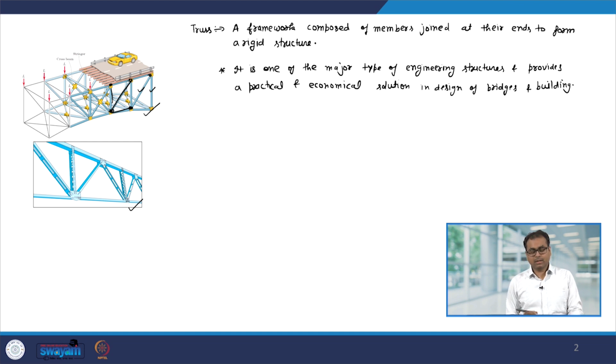Why is it economical? Because you can see here the entire structure is not filled with the material. Okay. So, therefore, this needs less material and therefore, it is more economical.